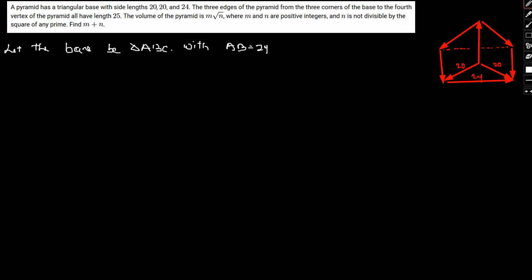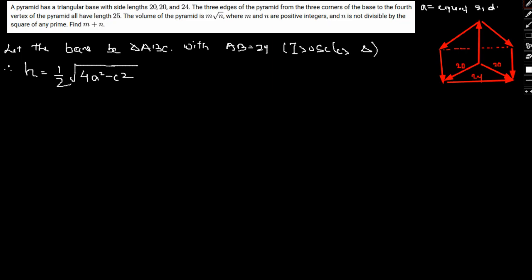If we want to find the altitude to the side AB, since triangle ABC is an isosceles triangle, the height from the base would be given by 1 by 2 root under 4a square minus c square, where a is the equal side and c is the non-equal side.